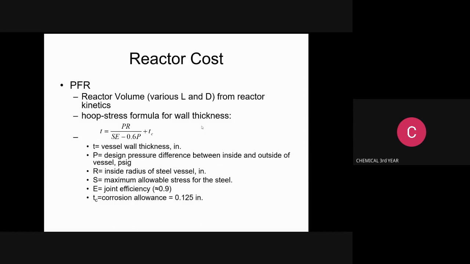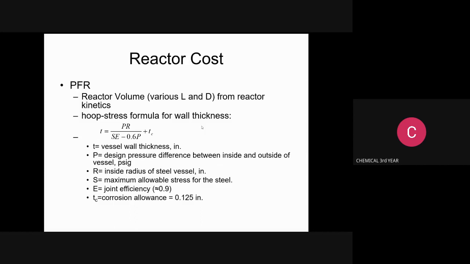You can all see the formula in this slide. t equals P R divided by S E minus 0.6 P, plus c.